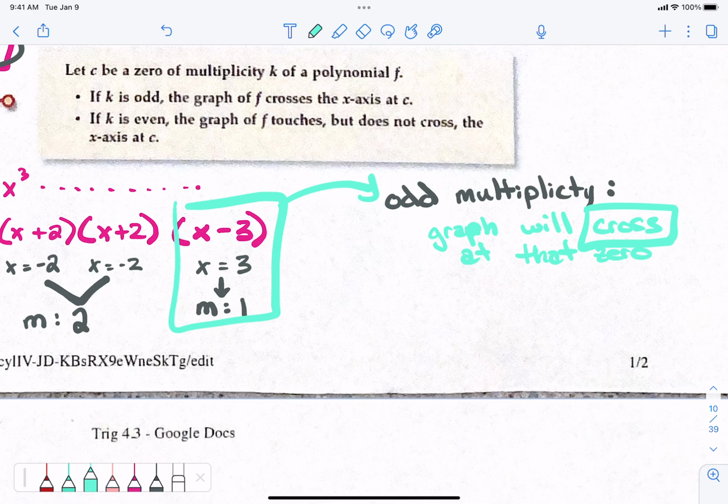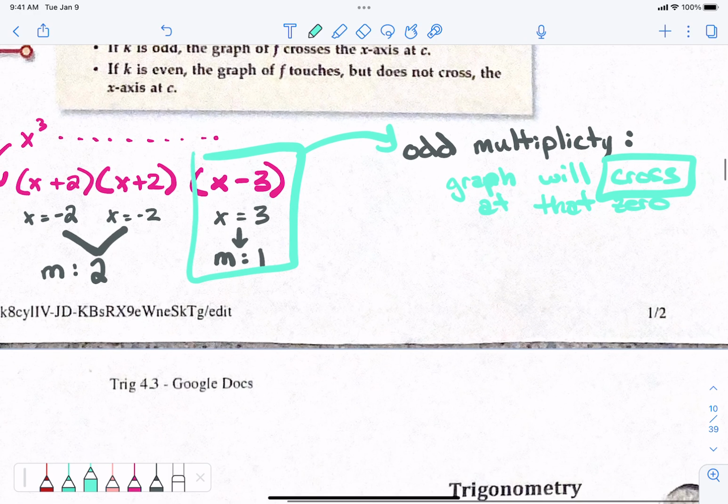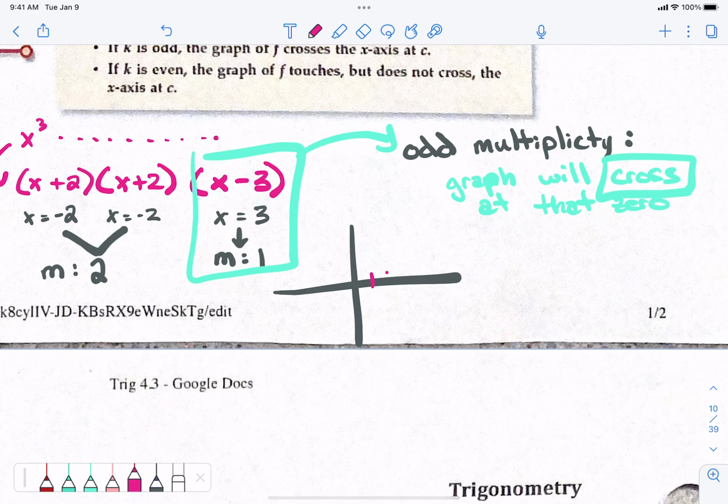Okay? What do I mean by cross? It's going to switch from the negative to the positive. So at 3, my zeros are at 1, 2, 3, and at -2, right? So at 3, he's going to cross. He's going to do something like this, right? He's going to cross over the graph.